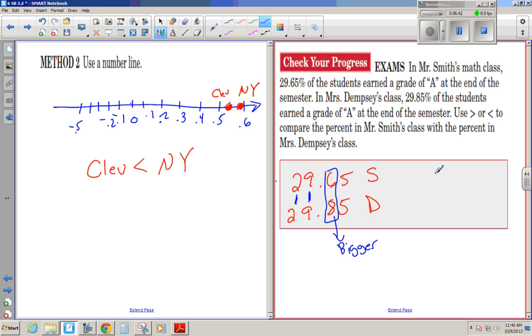So 29.65 is smaller than, or less than, 29.85. You could have also said that S is less than D. So that's how you can compare these numbers.